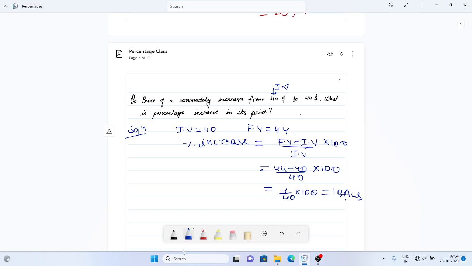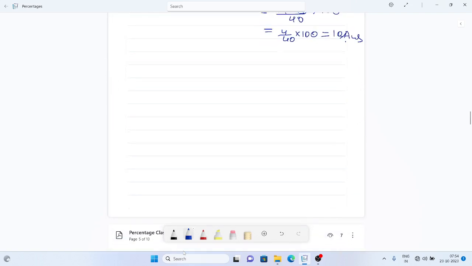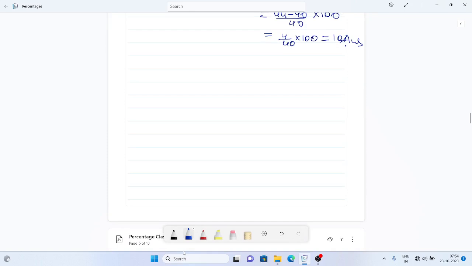Did you get this question? Okay, please note it down. Done? Okay. Now there is one important thing before we move on to the next concept, which is conversion. Conversion means value to percent or percent to value.